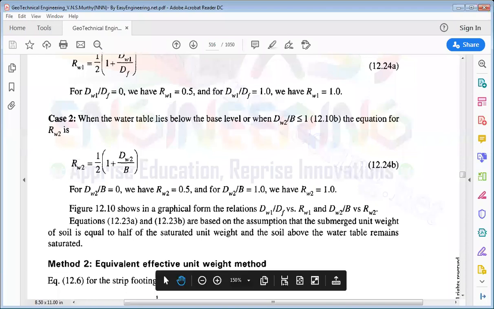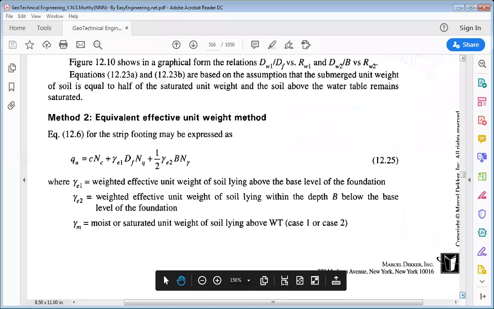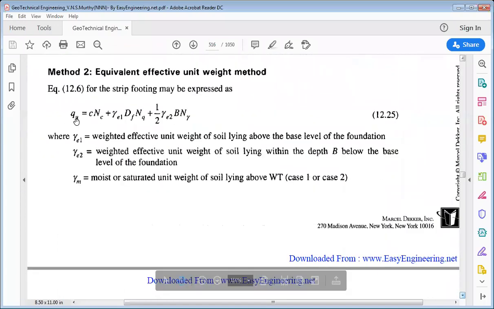Clear? And the other method is the equivalent effective unit weight method. In that case, Qu is given as cNc plus gamma E1 Df Nq plus half gamma E2 B N gamma, where gamma E1 is the weighted effective unit weight of soil lying above the base level of the foundation, and gamma E2 is the weighted effective unit weight of soil lying within the depth B below the base level of the foundation.